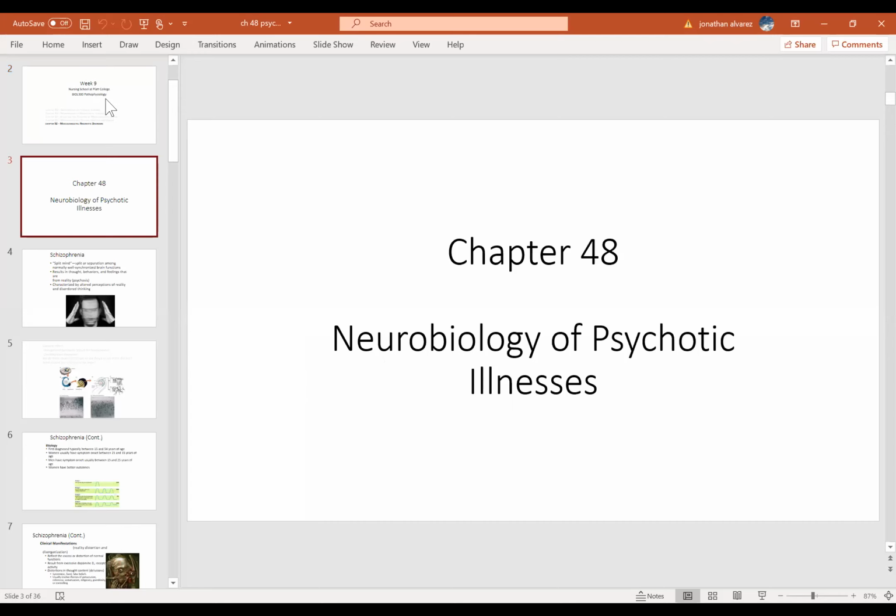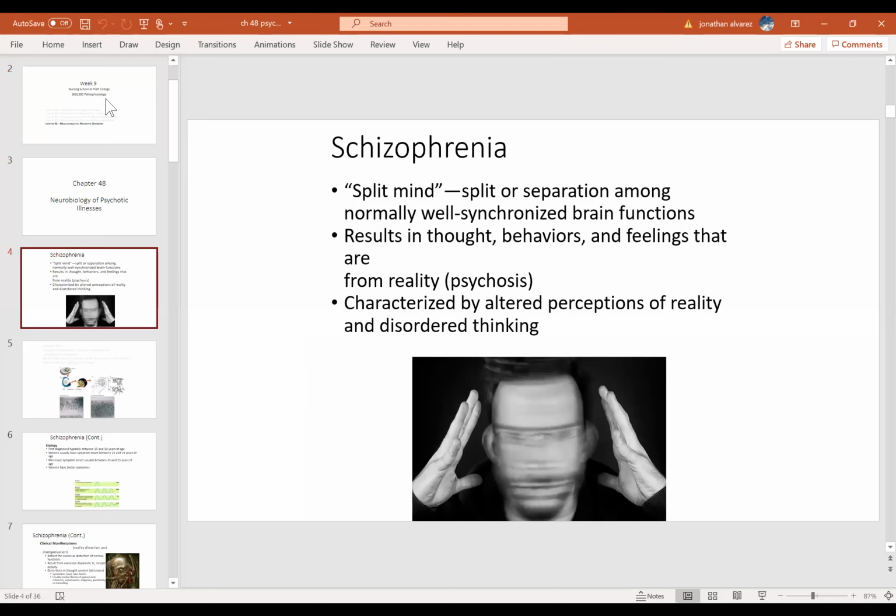Okay, so psychotic illnesses. A lot of this, in a way, you can look at as definitions and terms. Understand the condition itself, like schizophrenia, and what it is.